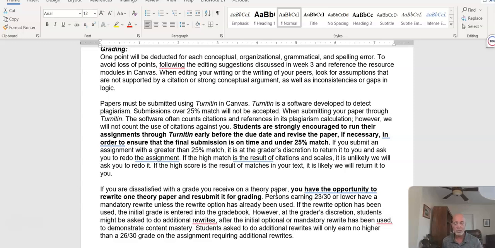I'm going to force them to do a rewrite because I want them to work on their written communication. Another student may have written communication down, but they have a really hard time articulating the constructs and explaining the strengths and weaknesses of a theory for their population and behavior. That's more conceptual. I want that same student to have to do a rewrite.